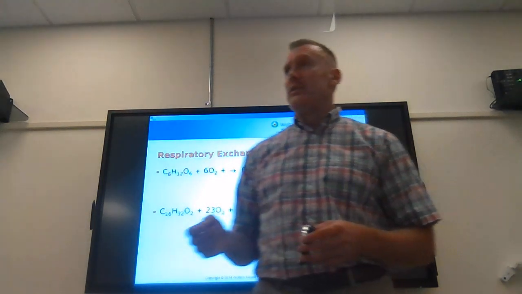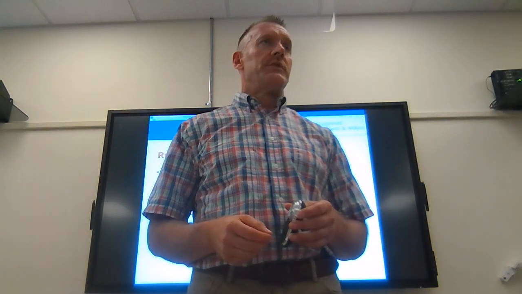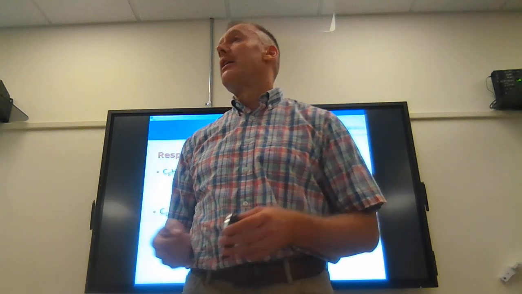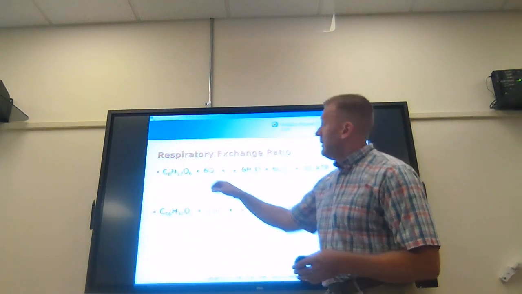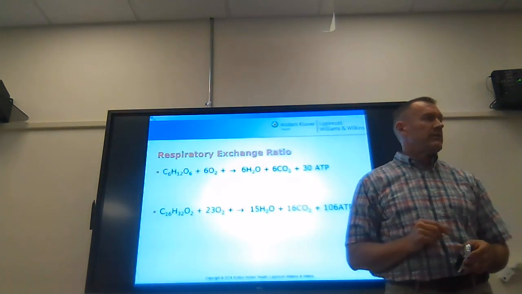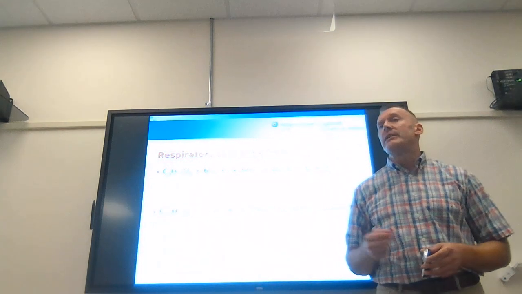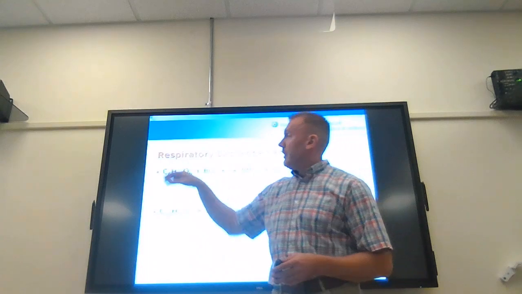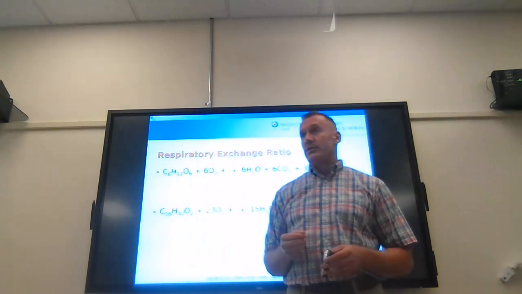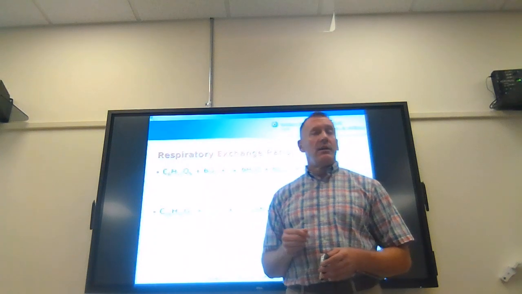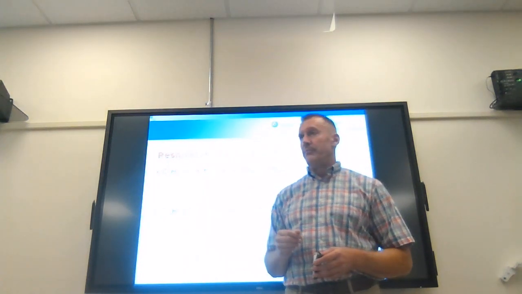C6H12O6 represents one glucose molecule. In order to oxidize one glucose molecule, completely break it down and produce ATP, we have to consume 6 molecules of oxygen.